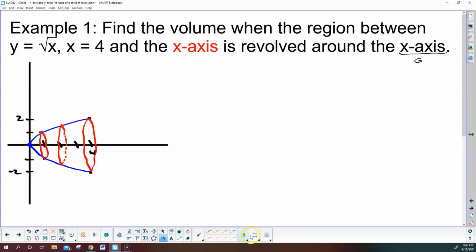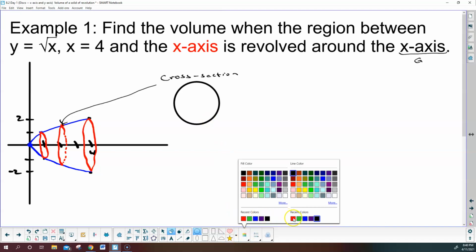Now you don't need much. Once you get the idea, again, you don't get any points for creating your graph. What I want to do is think of what does a cross section look like? So if I pick out a cross section here, it's a circle.